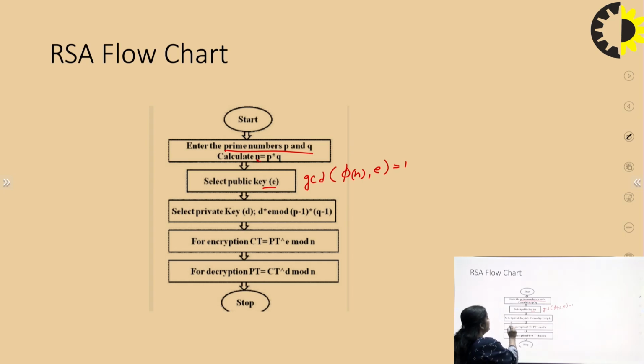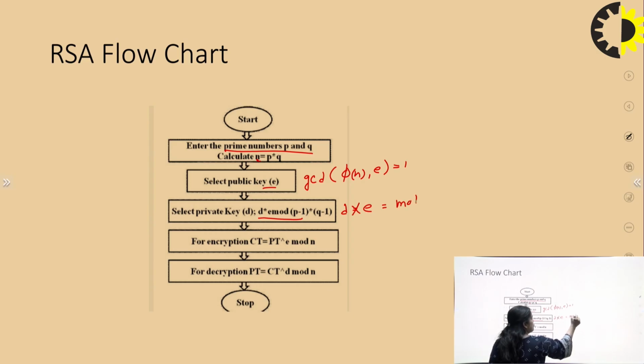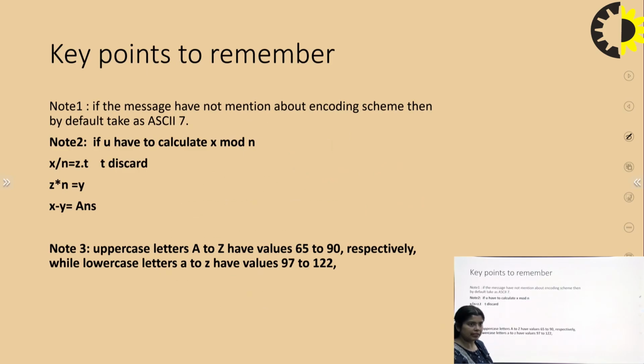And for the private key, D into E mod phi N equal to 1. Or simply you can write D into E mod phi N equal to 1. For encryption, there is a plain text and the ciphertext.